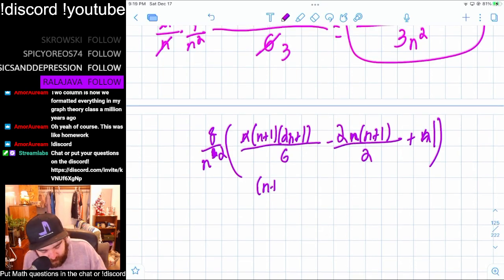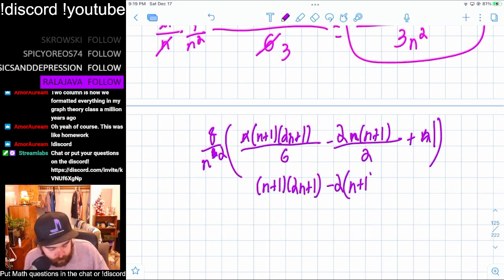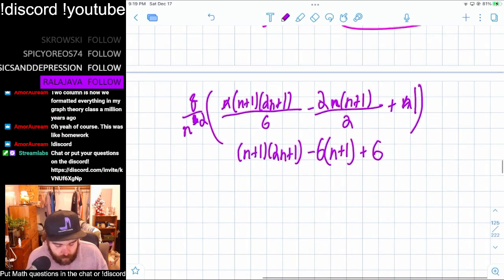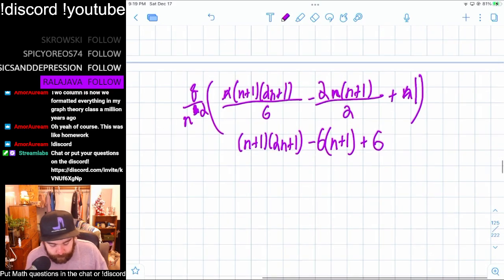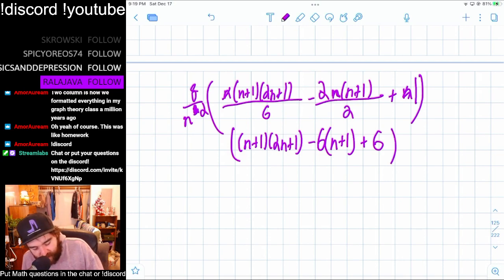So this is (n plus 1)(2n plus 1) minus 2(n plus 1), except not 2, because I have to multiply that by a 3 to get a common denominator, so 6. The 2 would also cancel. So minus 6(n plus 1) plus 6. All of that times 8 over n squared.